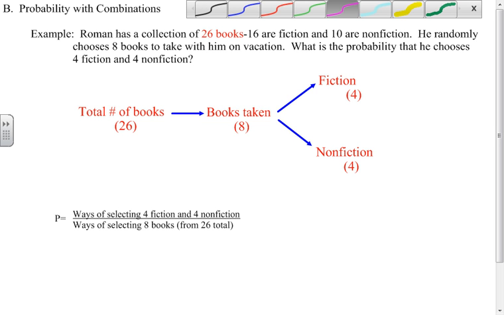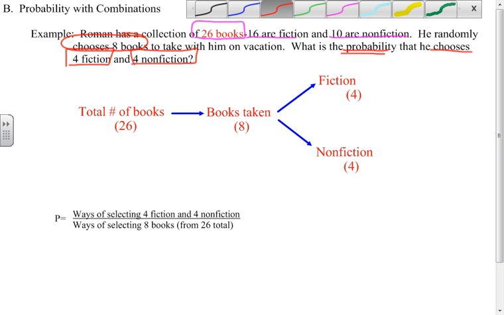Now sometimes we have combinations and multiple steps to our probability. So Roman has a collection of 26 books. 16 are fiction, 10 are nonfiction. He randomly chooses 8. This is going to be a key, chooses 8. What is the probability that he chooses 4 fiction and 4 nonfiction?